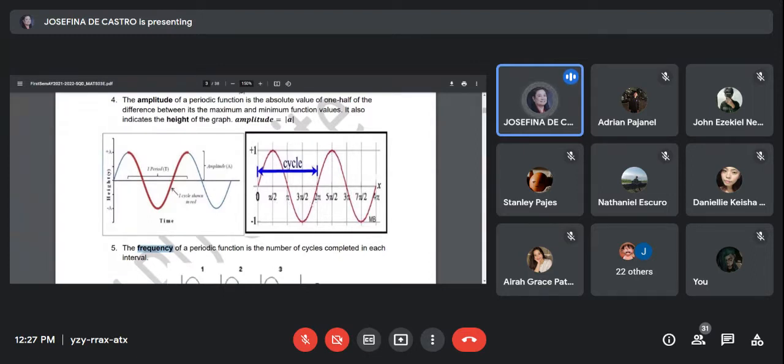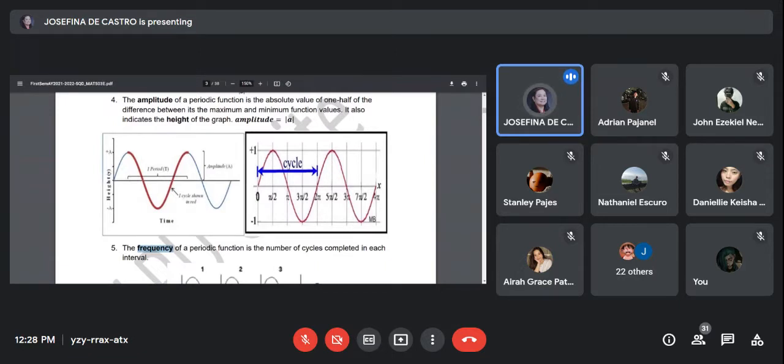And ang y natin will be the corresponding value. Pag sinabi mong y is sine x, ang x natin are all the angles from 0 to 360 degrees. Lahat ng sine yun. Value ng y.